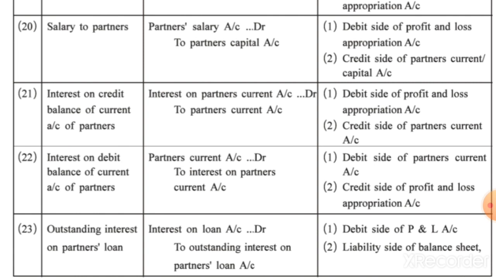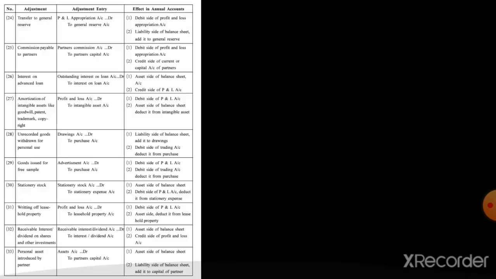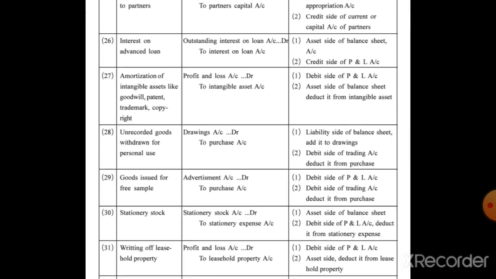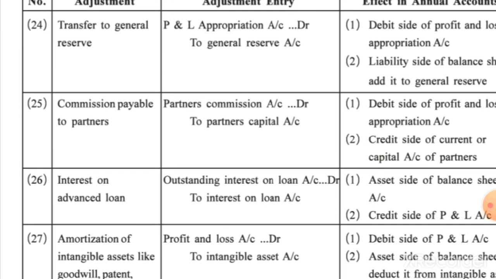So first effect, that would be debit side of P&L account, and the liability would be increased because that interest is outstanding, that becomes our liability to pay in future. So second effect, that would be on the liability side of balance sheet, you will be adding in the concerned partner's loan.